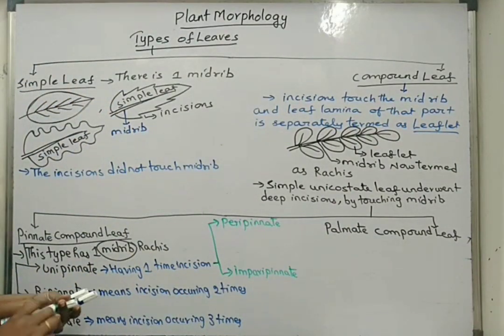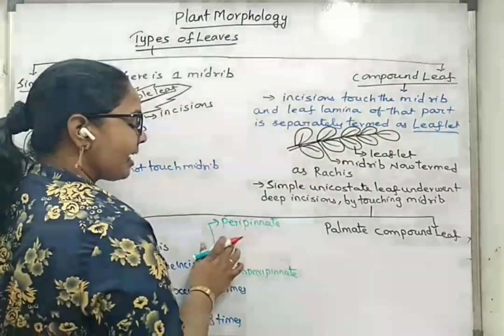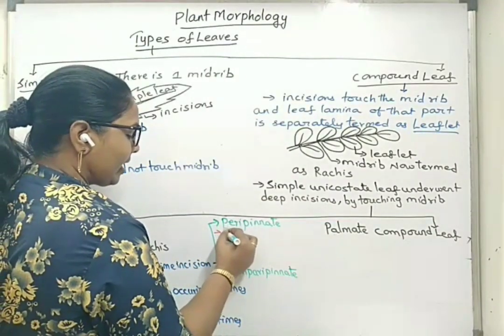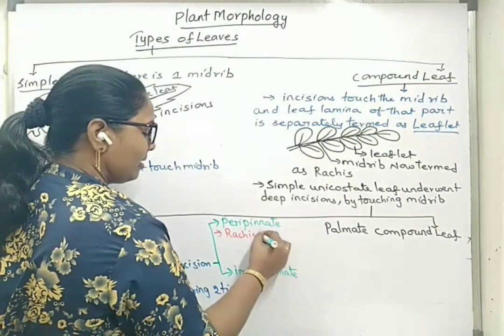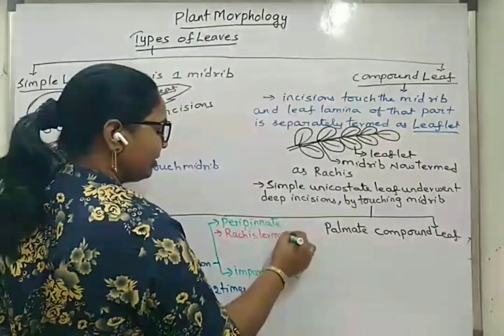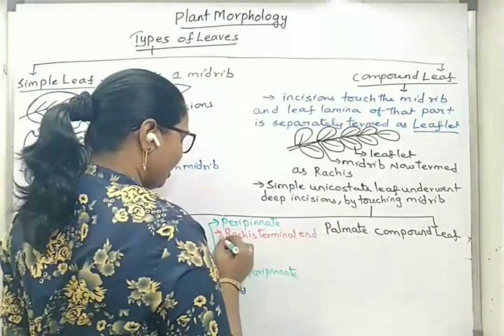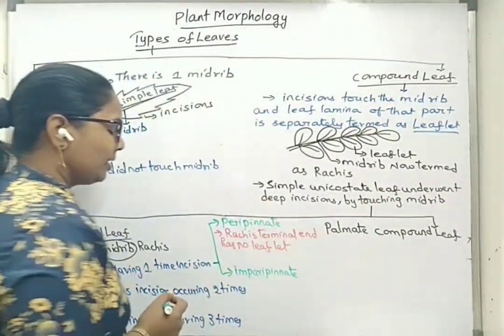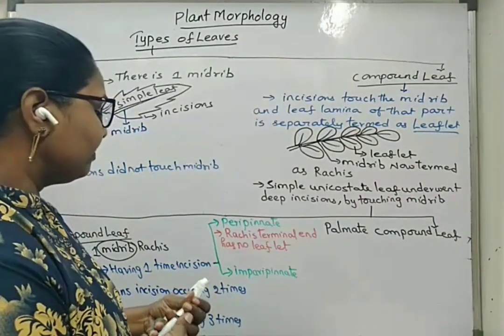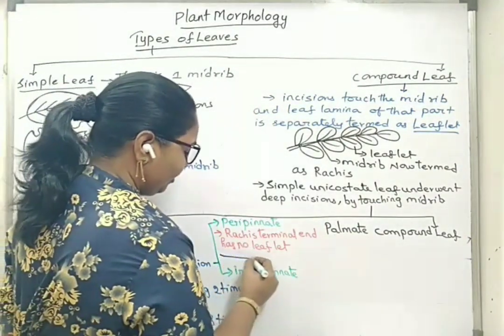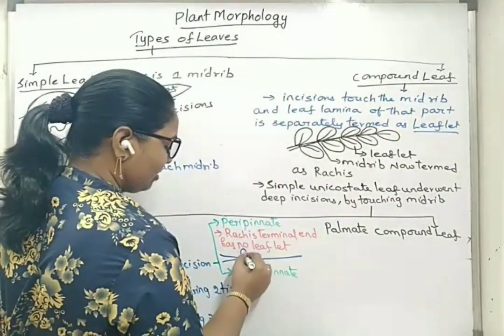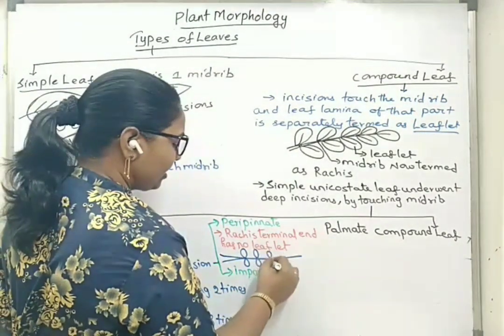Paripinnate and imparipinnate. In case of paripinnate, we see leaflets and the rachis tip does not have any leaflet. The rachis terminal end has no leaflet. So if we go for diagrammatic representation, if this is the rachis, like this there are pairs of leaflets on either side.